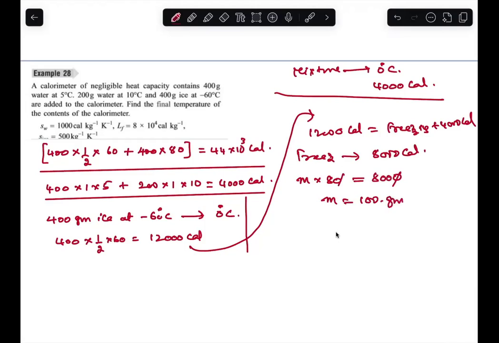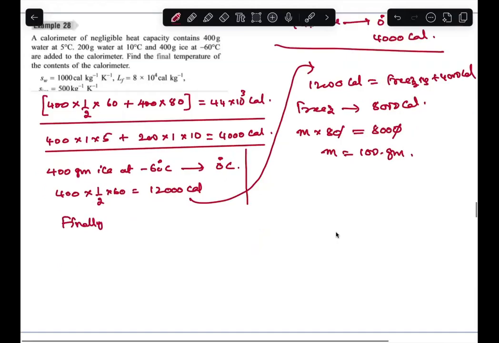So finally, what is happening is, I'll change the color. Finally, 400 grams ice goes from minus 60 degrees to 0 degrees centigrade.